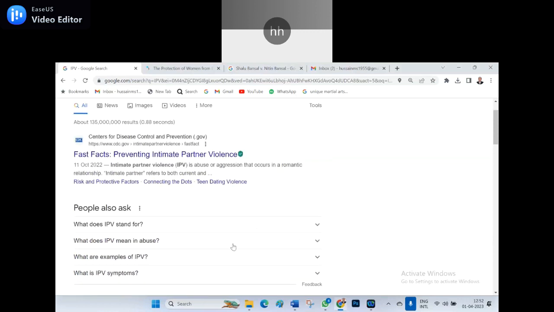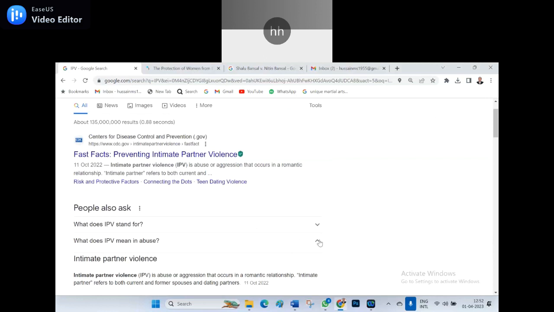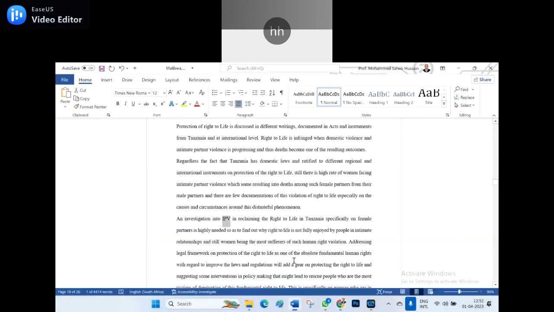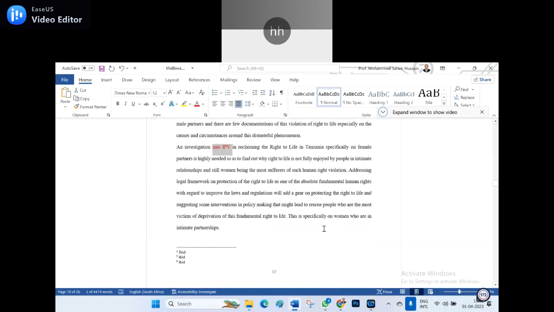But you have to write there that IPV stands for intimate partner violence and abuse. So that is the way you have to write the full form. Then you can put the IPV there. And once you have made the full form, after that you can use the IPV later on.